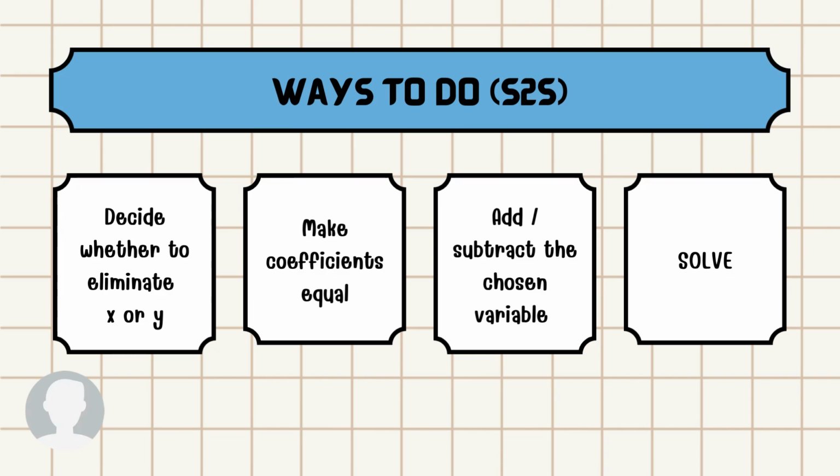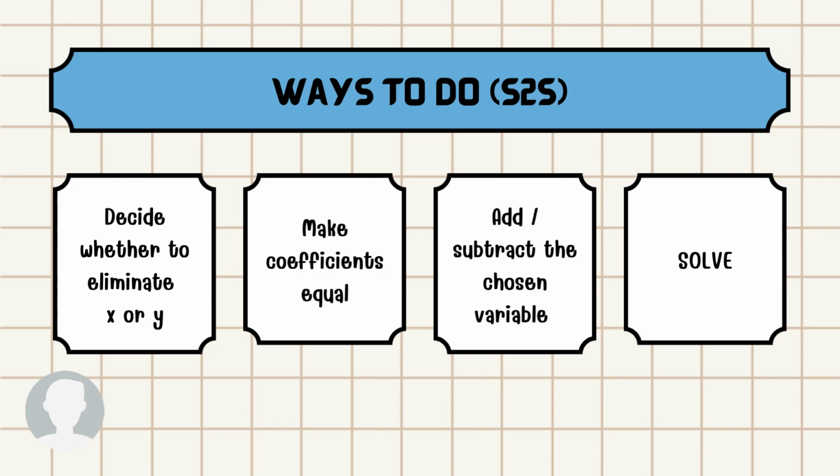In order to successfully do the elimination method, these are the steps to success. The first step is you must decide whether to eliminate variable x or variable y. It depends on the equation that is given to you. And sometimes it is not in these two letters, so you can just adjust it according to your given variables.